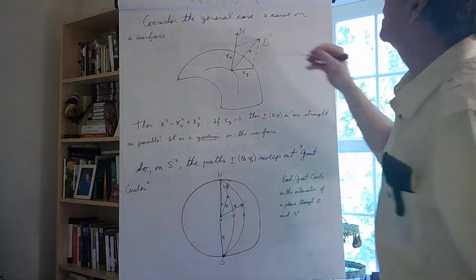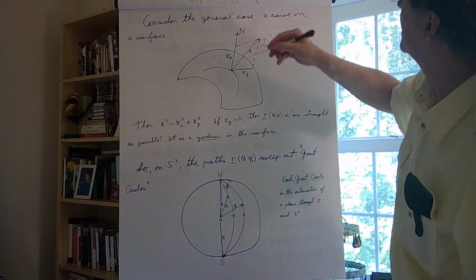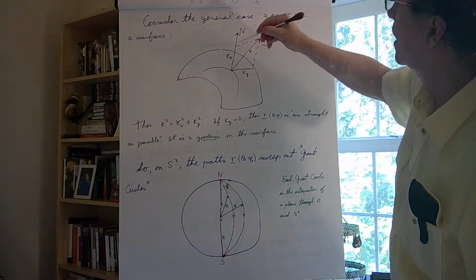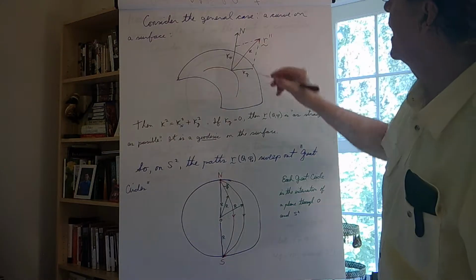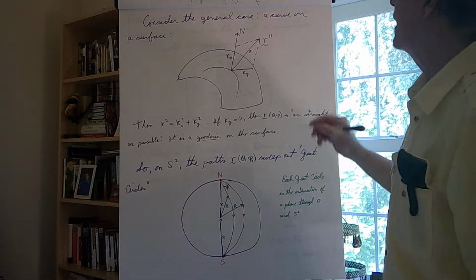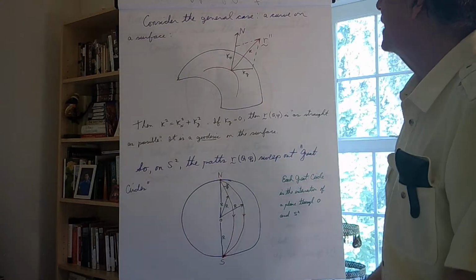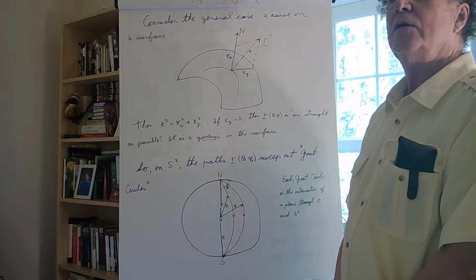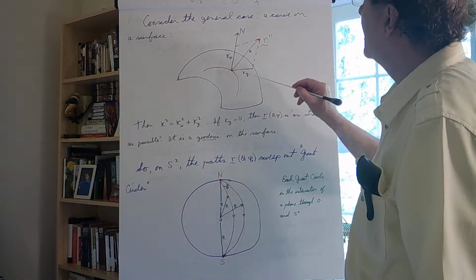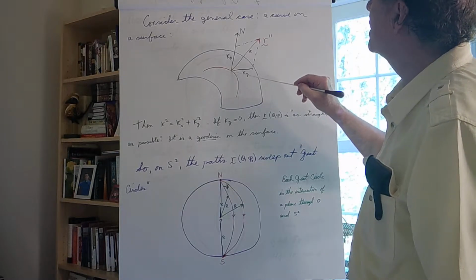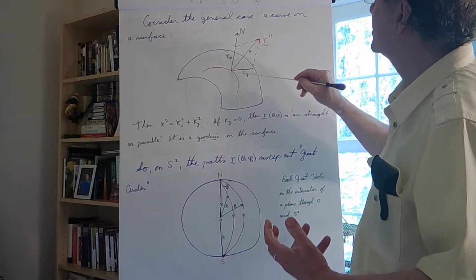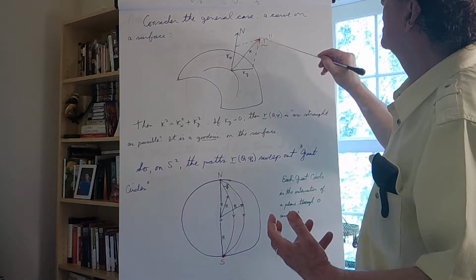If I was considering the general case of a curve on the sphere or on some curved surface, I'm denoting a curved surface with the blue lines, and here's a special curve embedded in the surface. Then I can look at its curvature, its second derivative with respect to its arc length. At this point here, that acceleration, that second derivative, will have a certain direction, which I call kappa.